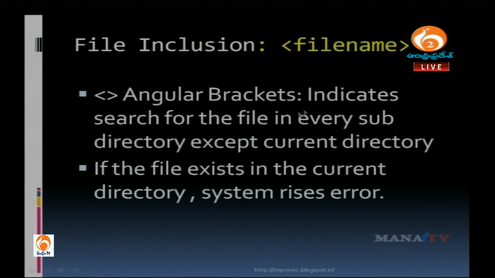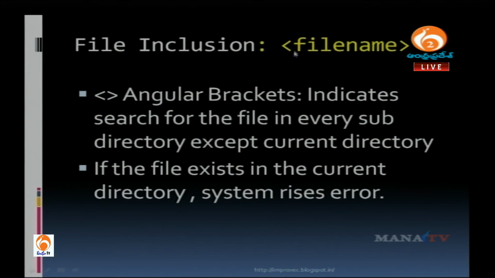Angular brackets indicate the search for the file in every subdirectory except the current directory. For example, if I write stdio.h, the system will search for that file except in the current directory. It searches all the directories and includes it into the current program.